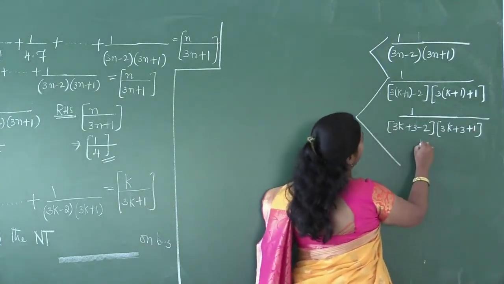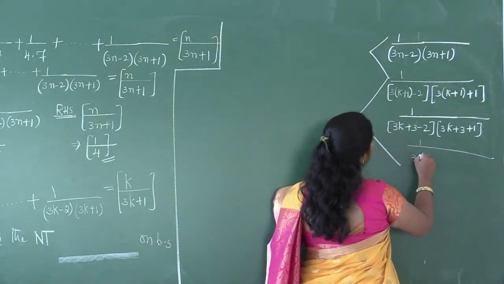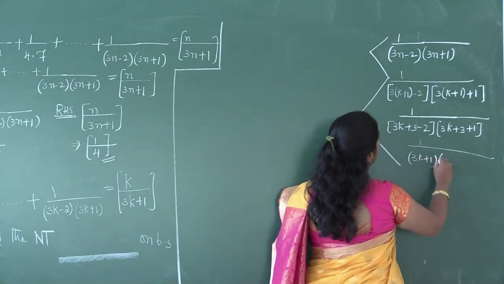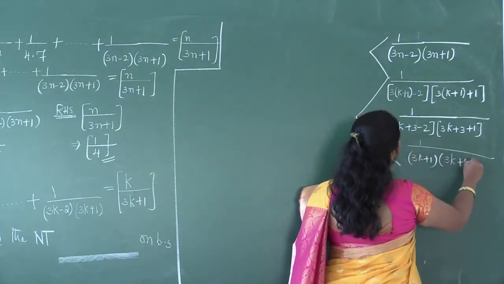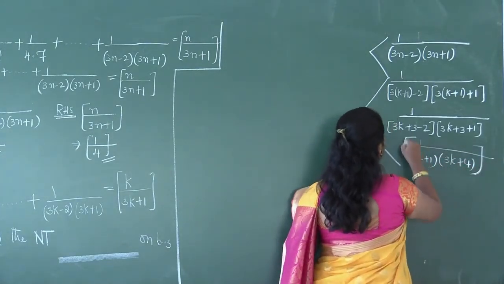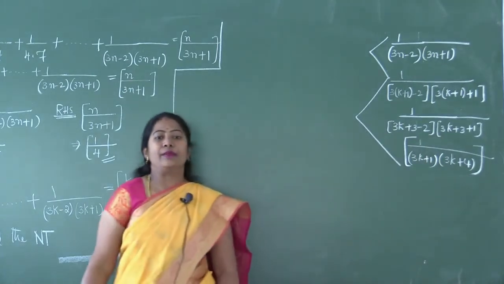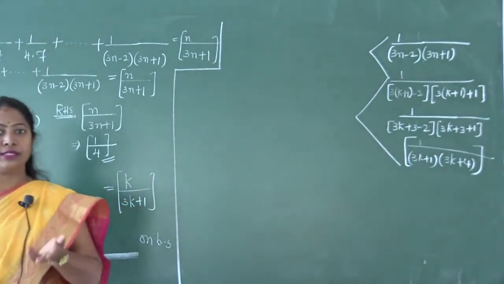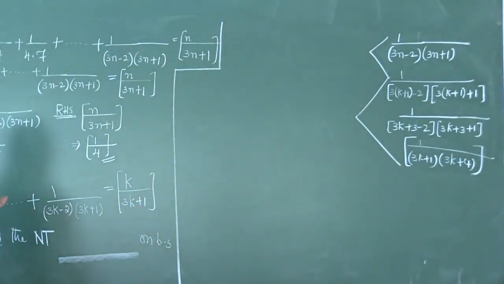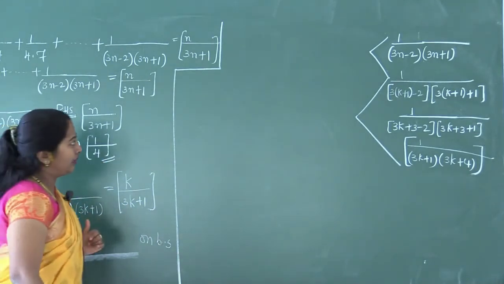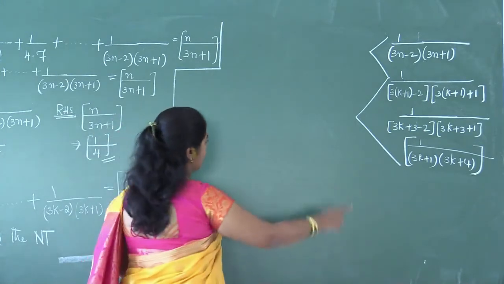So this will sum up to 1 upon 3k plus 1 into 3k plus 4. This is the next term which I am supposed to add on both the sides, using the n equal to k statement. Clear? So make a note of this in the working column. This is the next step.